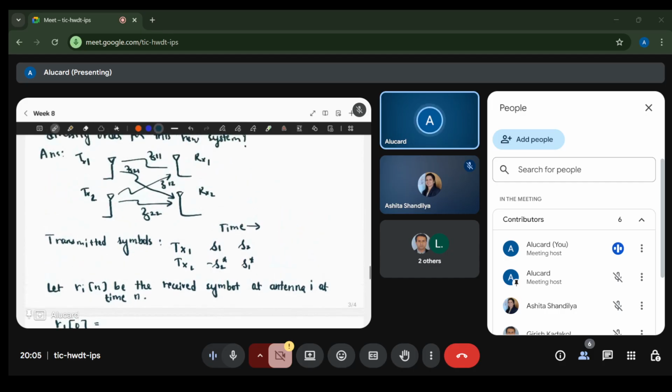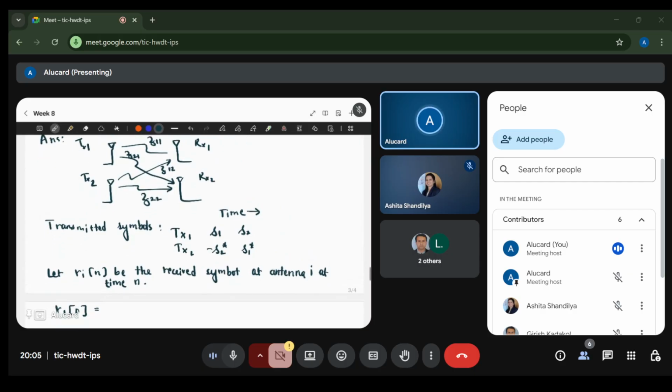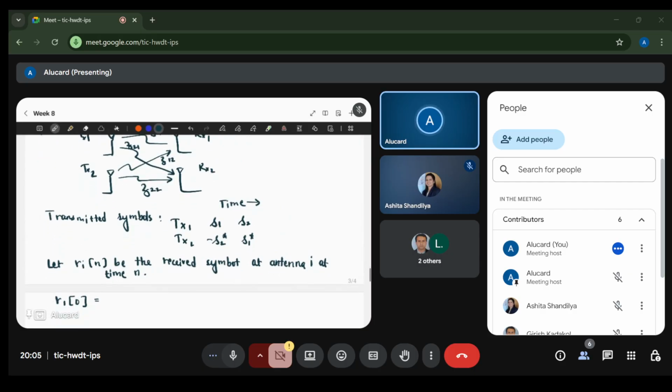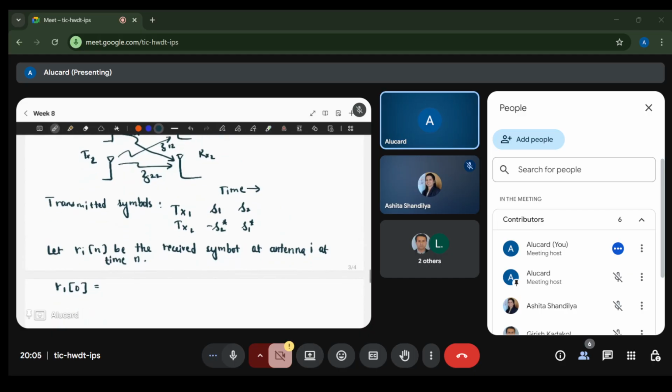And from transmit antenna 1 to receive antenna 1, the gain is Z11. From transmit antenna 2 to receive antenna 1, it's Z12.